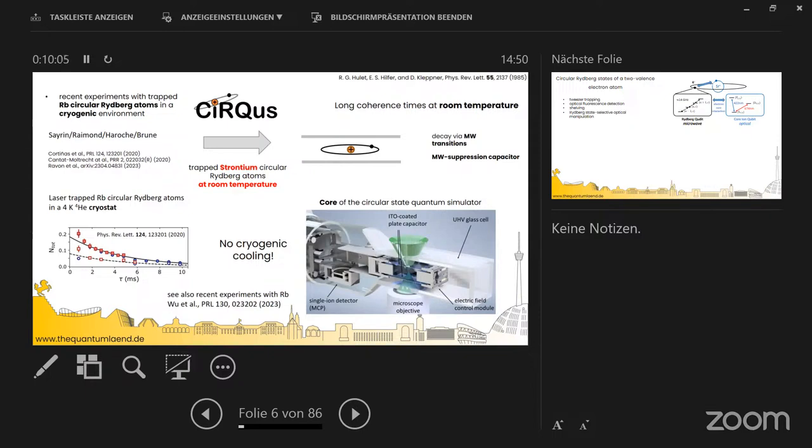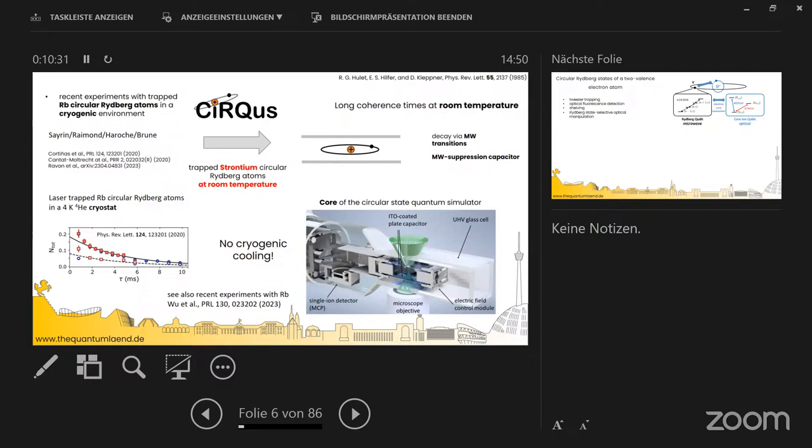And these plates are not made from metal, they are made from glass and coated on the inside with a layer of indium oxide, a material that is highly conductive and therefore highly reflective in the microwave domain, but is transmissive at optical frequencies.